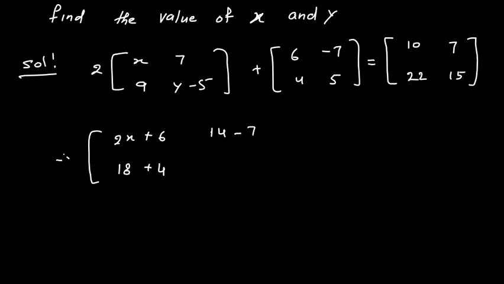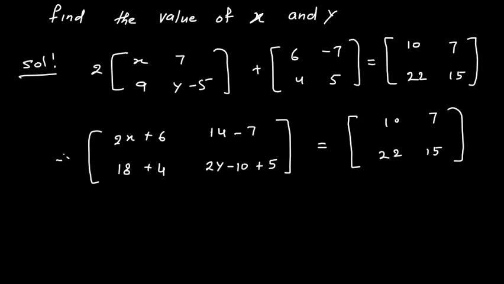Then the last term, this is 2y minus 10, and then we have 5 here. And on the right hand side we have 10 7 22 15. Okay, so therefore if we compare, 2x plus 6 is equal to 10, so we will say that by equality of matrix.